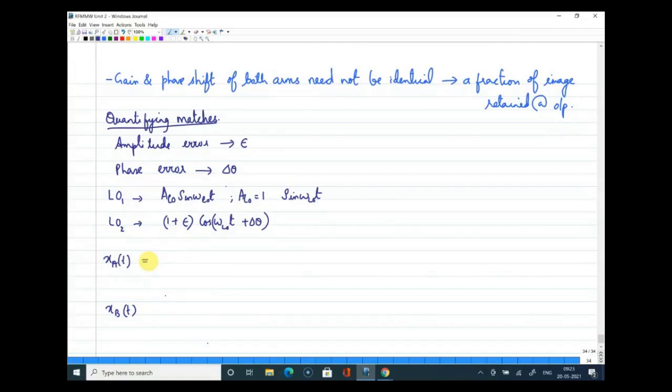Srinikhil, are you there? Srinikhil, can you read the xa of t signal, including the mismatches, amplitude and phase error? Are you hearing me?